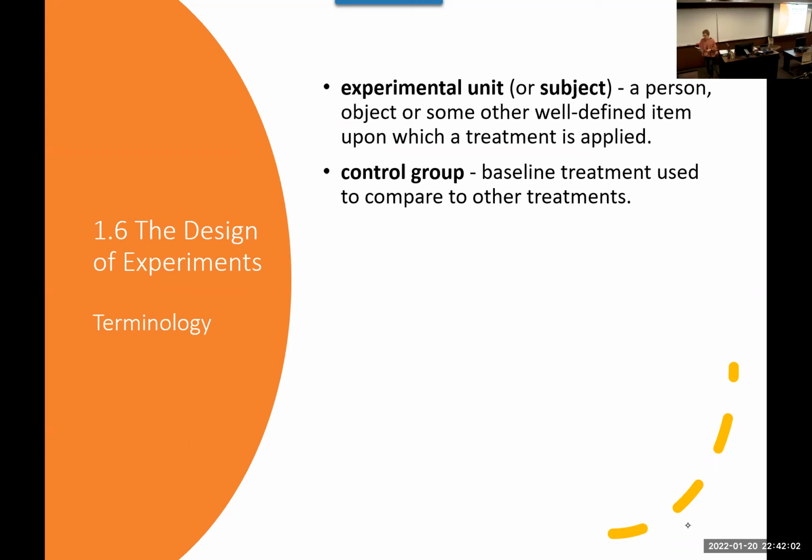The control group is what's going to serve as the baseline treatment, so we have a baseline that we can then compare the other treatments to. When you have a control group, that's the idea. All right. Has anybody ever heard of a placebo effect? Can you tell me about it?